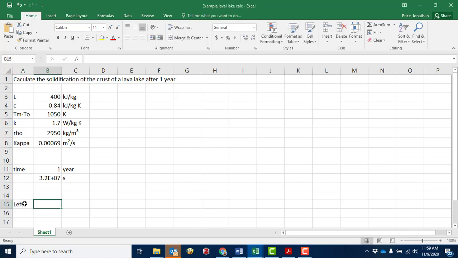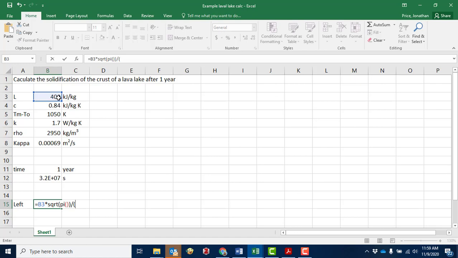I'm just going to type in left here, and then I'm going to take my latent heat of fusion, and I'm going to multiply it by the square root of pi, and in Excel-ese, pi is given by typing in pi with 2 brackets, an open and close one right after another, for reasons I don't understand.